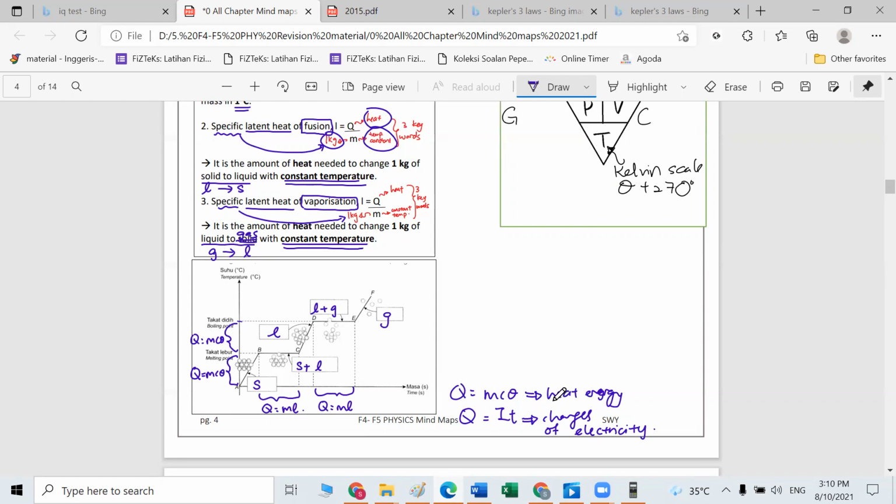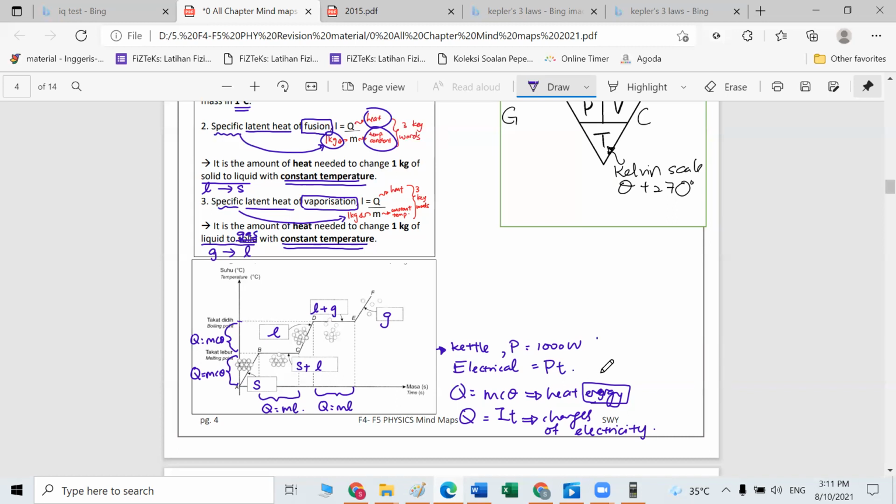And then since Q is energy, normally if we use a kettle with power, let's say 1000 watt, the electrical energy equals to Pt.